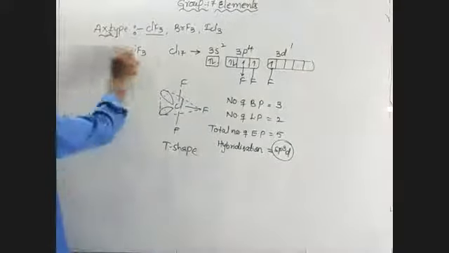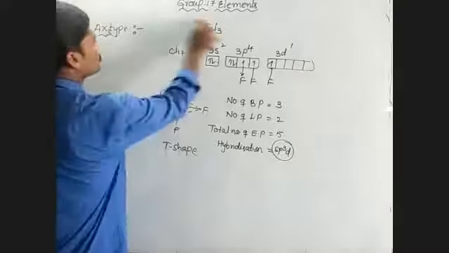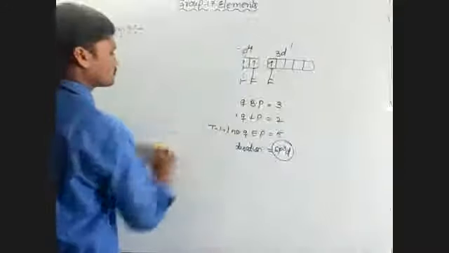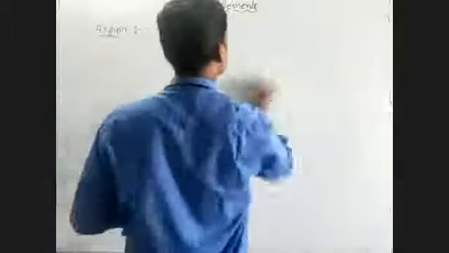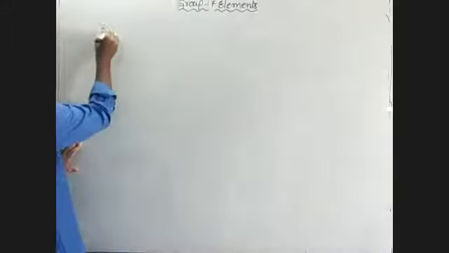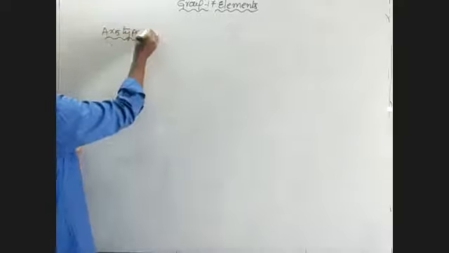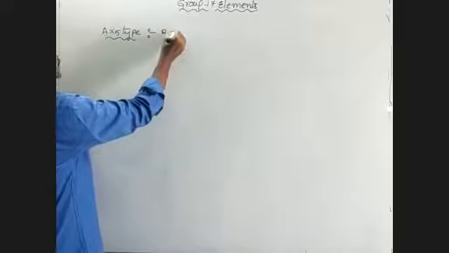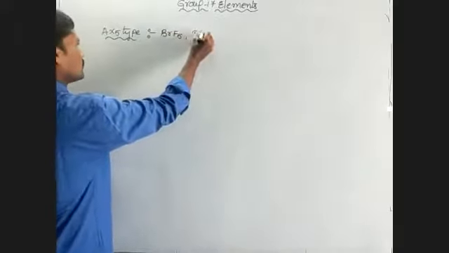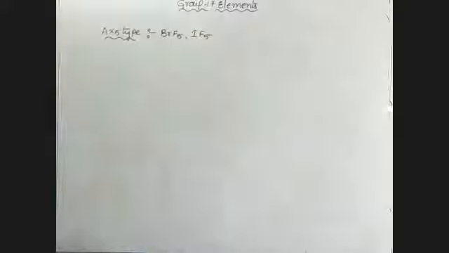Next one, AX5 type. Examples are BrF5 and IF5. These are examples of the AX5 type of interhalogen compound.